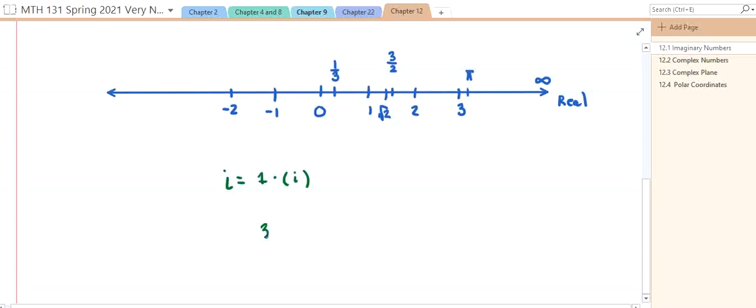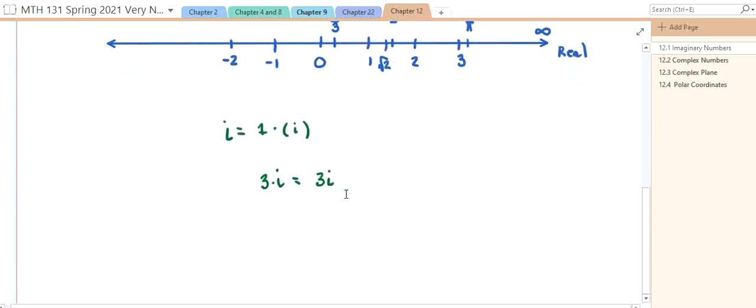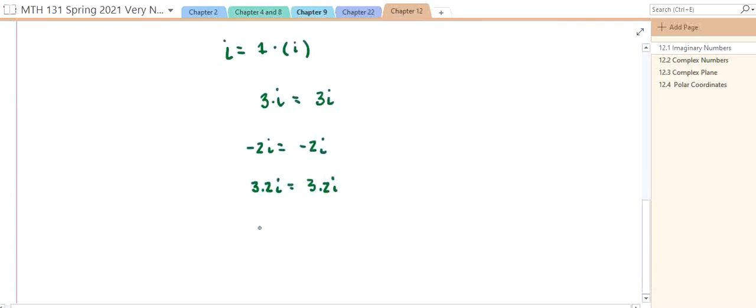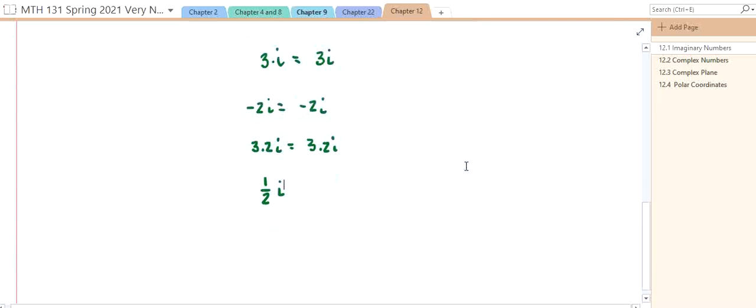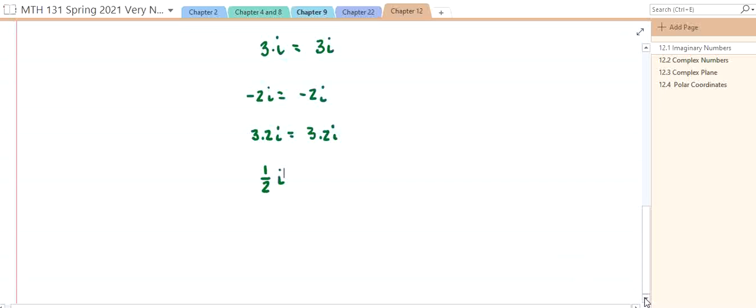We could take 3 times i, and we end up with 3i. We can operate on i in this way, or we could take minus 2 times i and get minus 2i, or we could take 3.2 times i and end up with 3.2i. Or we could even use a fraction, 1/2 times i, which is also an imaginary number.